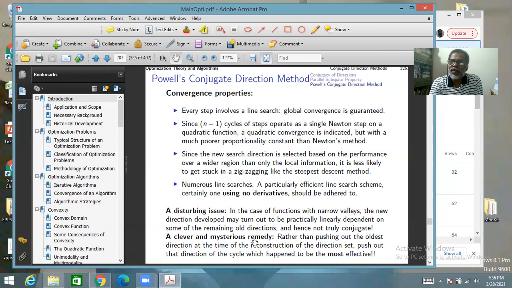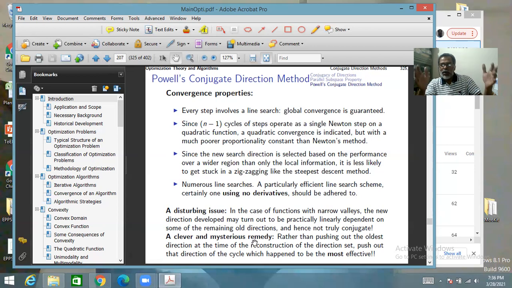Incidentally, this disturbing issue is often remedied to a great extent by a clever and funny remedy. Our plan in Powell's method was replacing the oldest direction, that is, pushing out the oldest direction during the direction update. We revise that and say that we don't push out the oldest one necessarily.